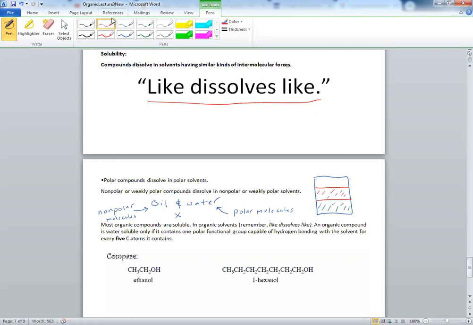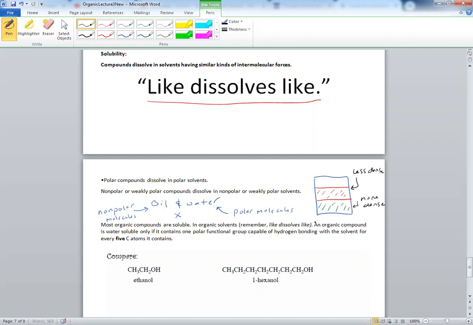Now I'm going to write two important terms here that you need to remember. The layer on the top and layer on the bottom correspond also to density. The layer on the top would be less dense, and the layer on the bottom would be more dense.